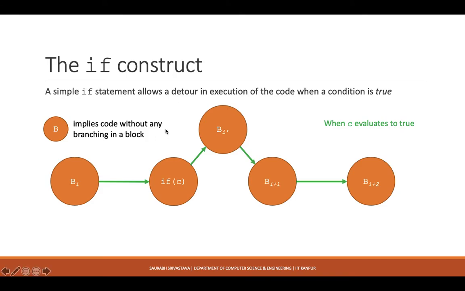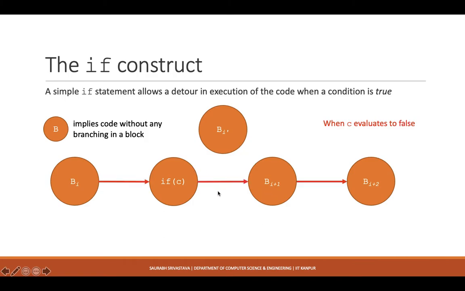So this bi dash is basically whatever you write inside the braces. So if the condition is true, the execution goes like this: it will go inside your if condition's braces, whatever is there it will execute, and then it will come out and execute the statement that is right after the if, as if there was nothing in between.